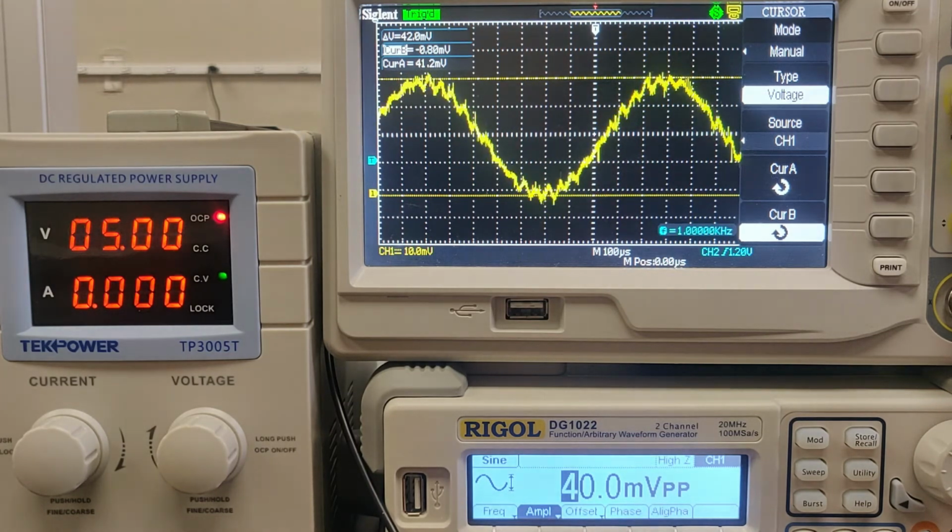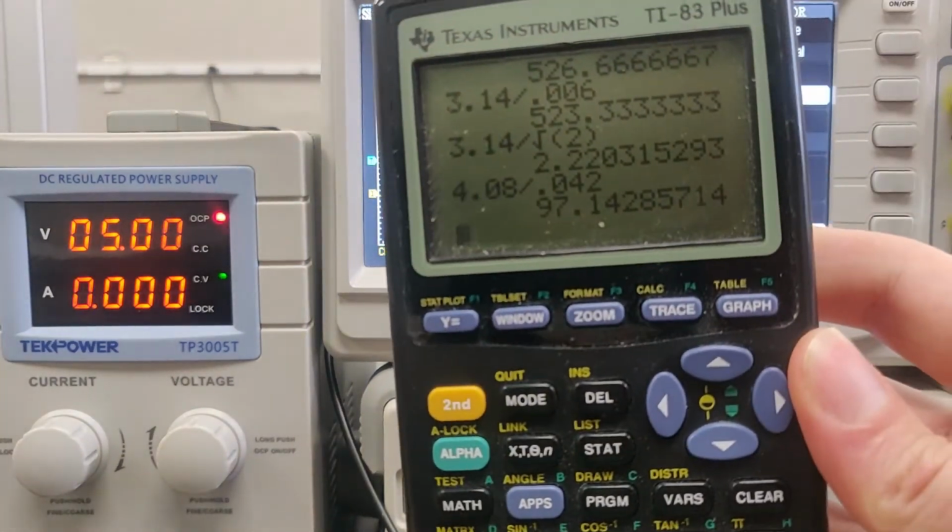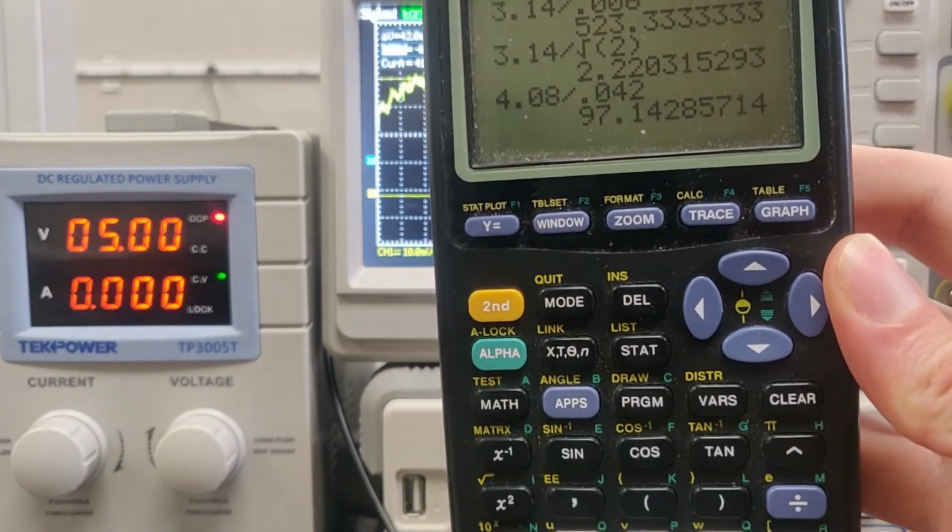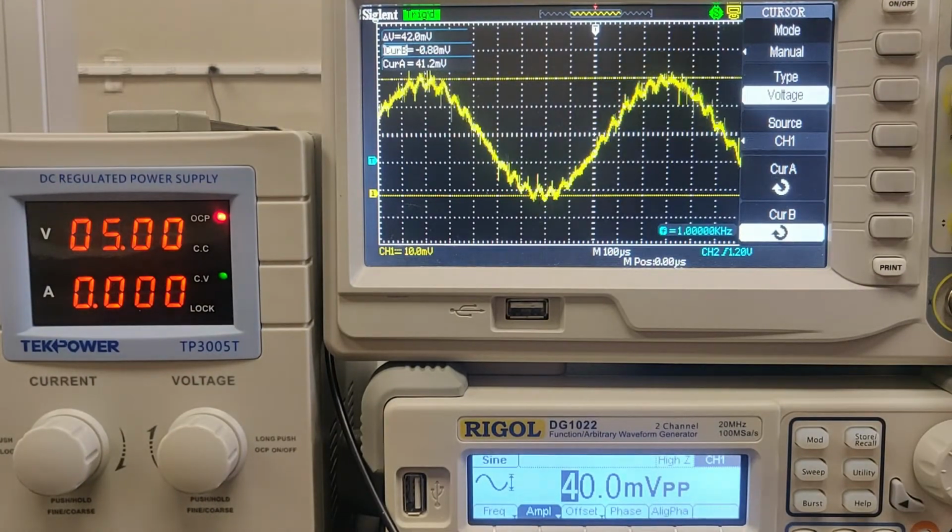I think that's more or less getting our range. So 4.8 divided by 0.42 gets us a gain of 97.14.